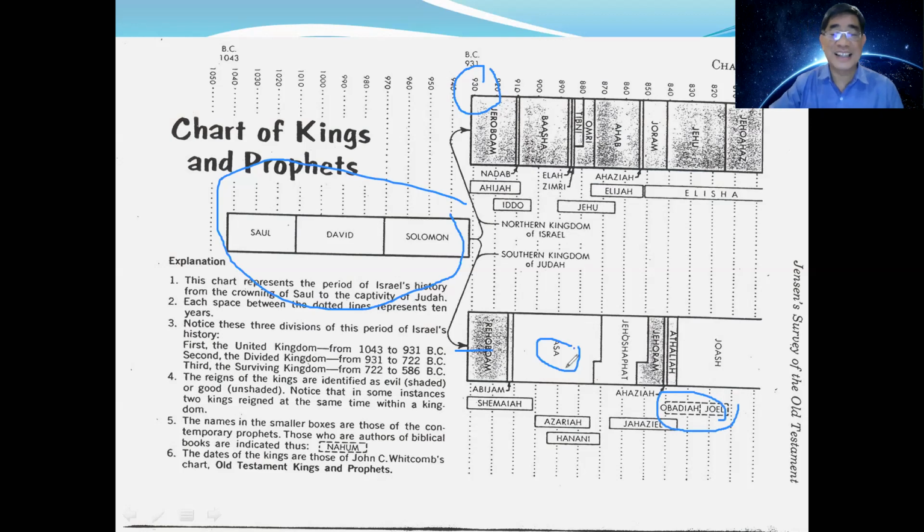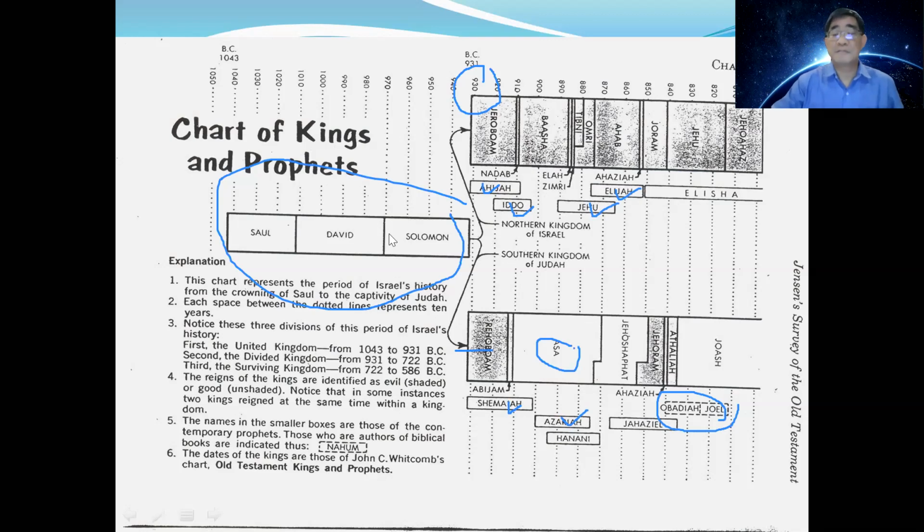Whereas for Shemaiah and Jehu, you see their names in our Bible, but they don't have a Bible book named after them.